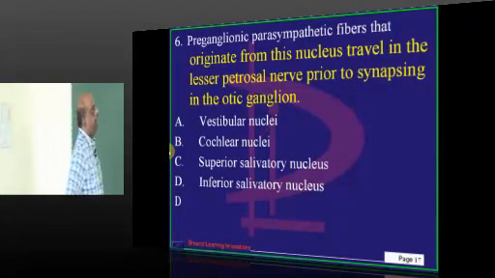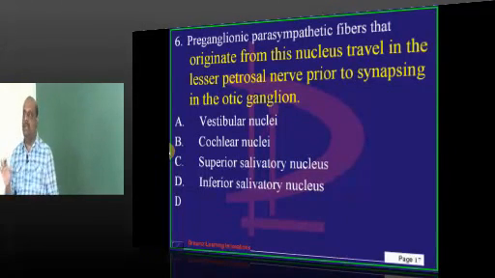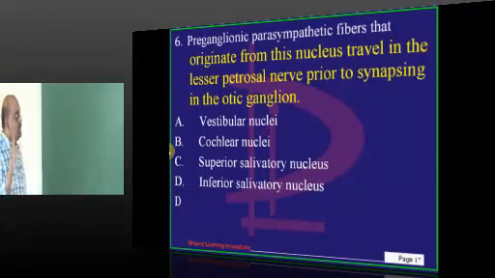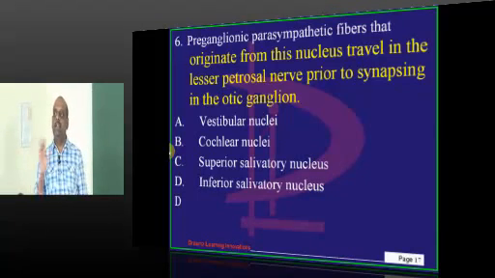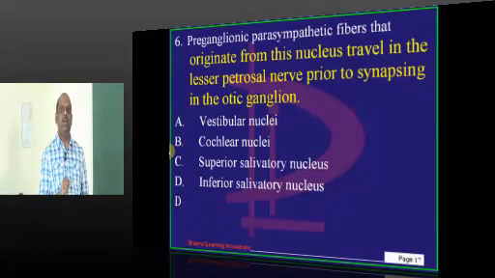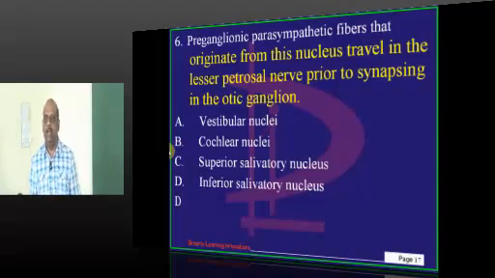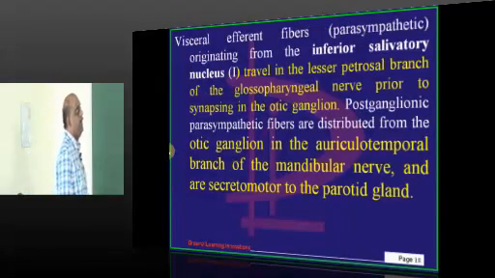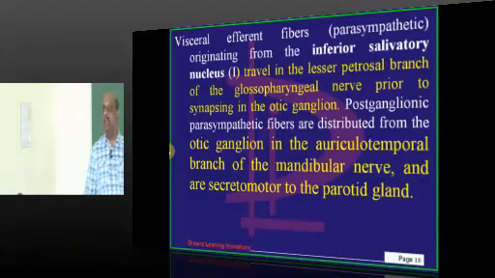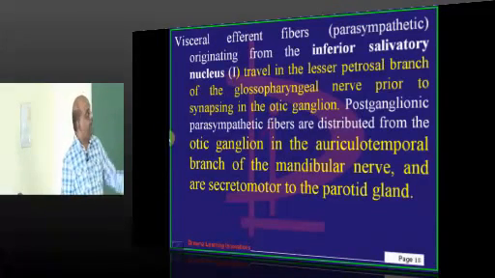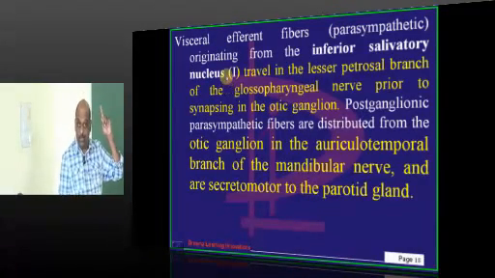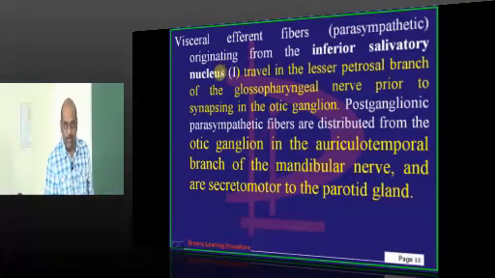Now, doctor, preganglionic parasympathetic fibers, lesser petrosal nerve, glossopharyngeal nerve, otic ganglion, where all these words will come into a common place. We need to remember that the parasympathetic fibers also originate from the inferior salivatory nucleus, just like they originate from the superior salivatory nucleus.